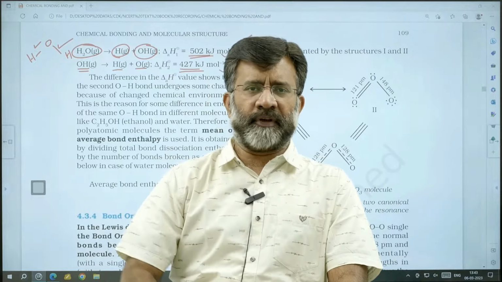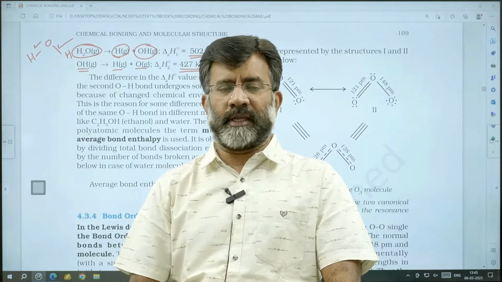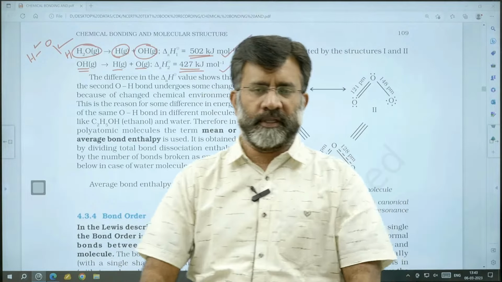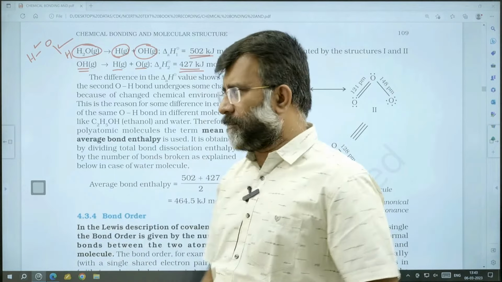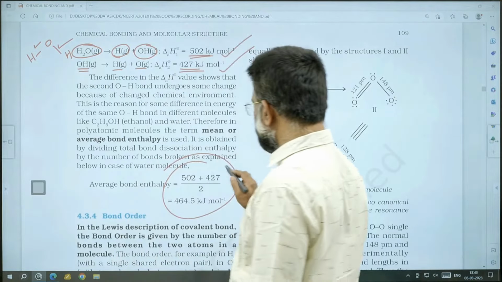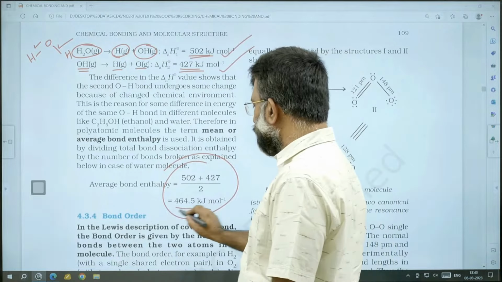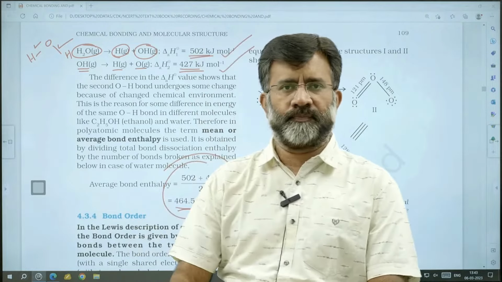Then how do you take the bond enthalpy? You go for average. That is called mean bond enthalpy or average bond enthalpy. We take (A+B)/2, the average, (502+427)/2. This is the average bond enthalpy of water molecules.